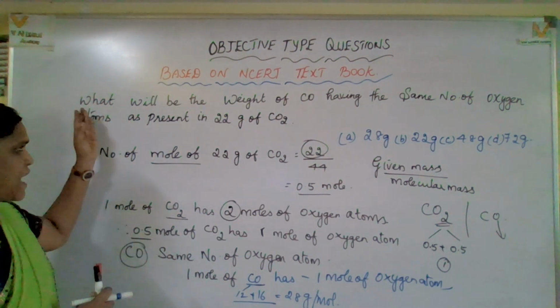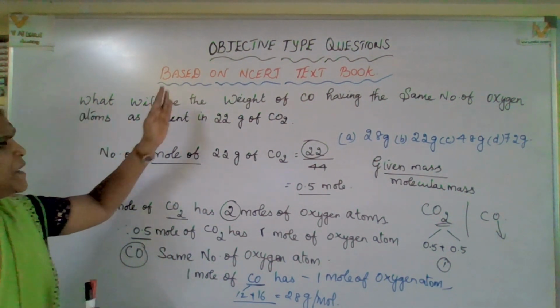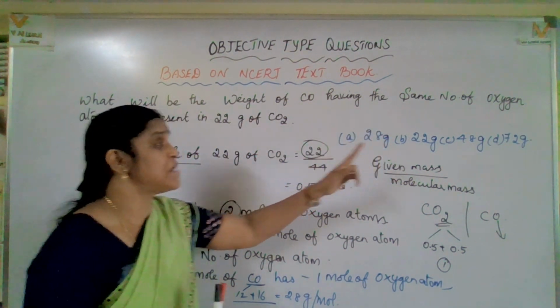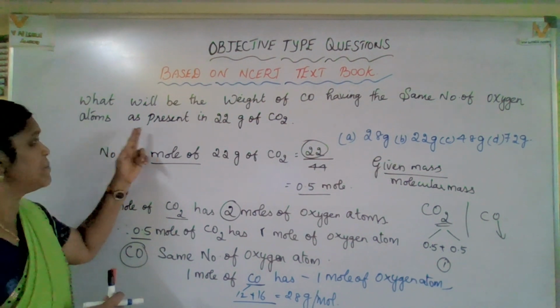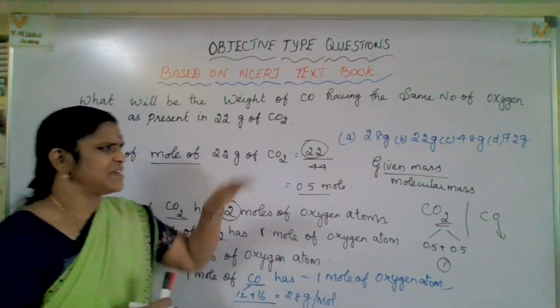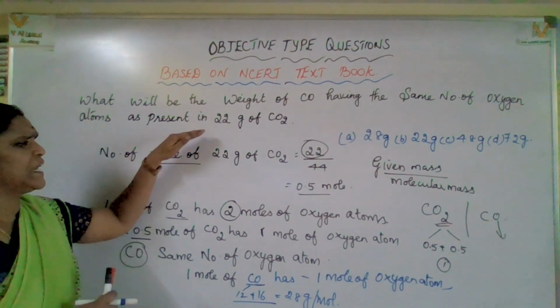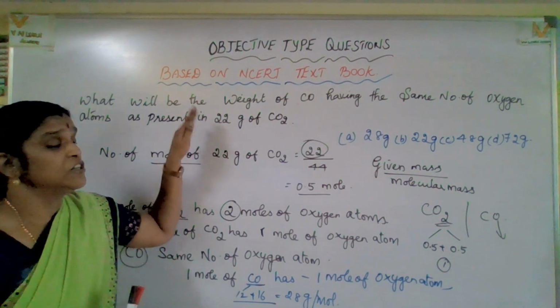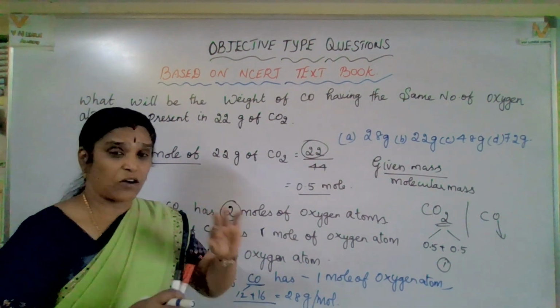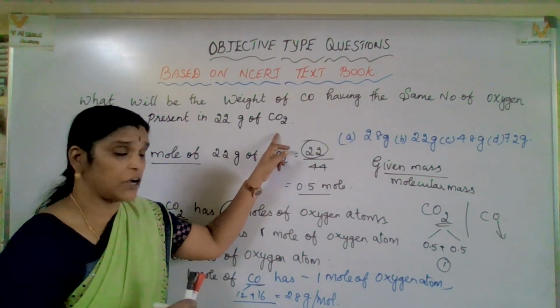See, in the question, I repeat it once again. What will be the weight of carbon monoxide having the same number of oxygen atom as present in 22 gram of carbon dioxide? Here only we come to know that idea here, half of that. So half of that means oxygen also will be reduced. But oxygen atoms are what it is here too only.